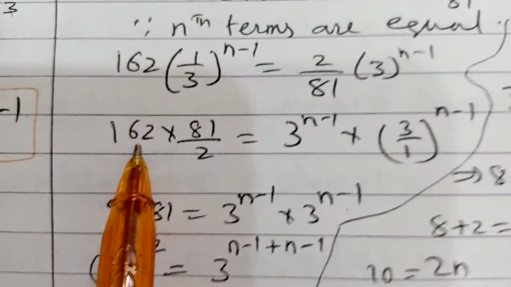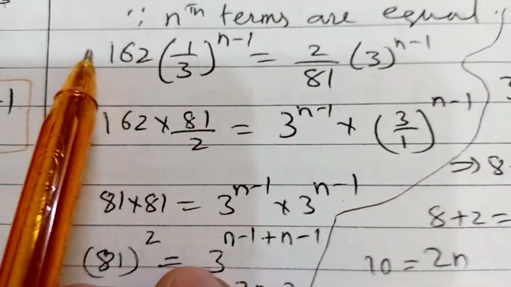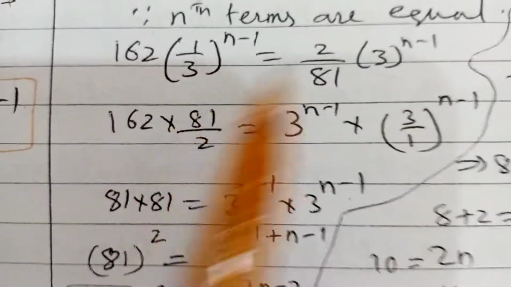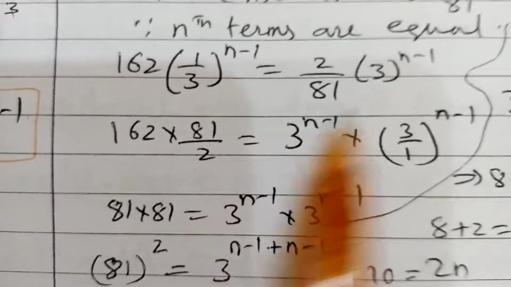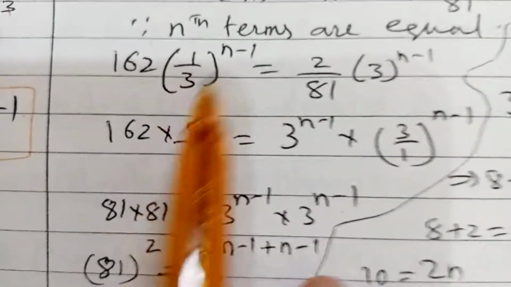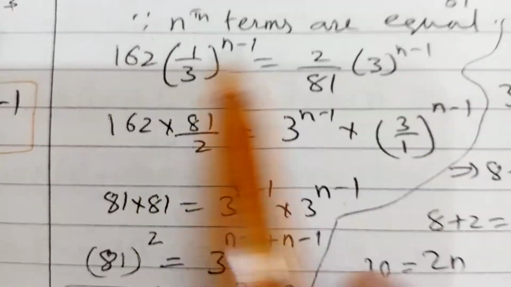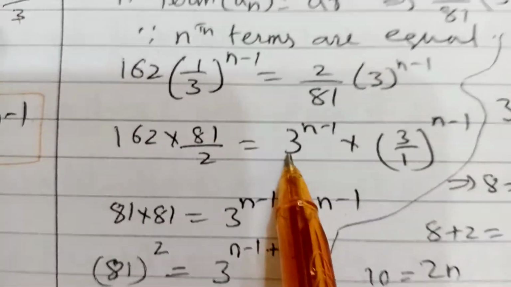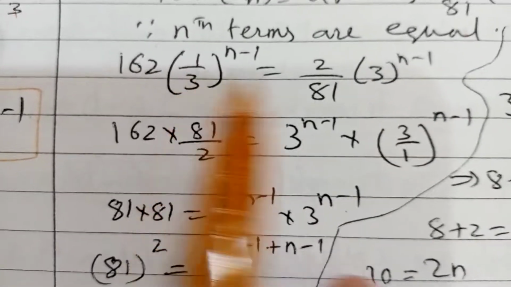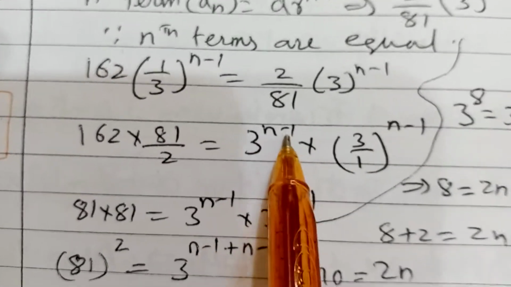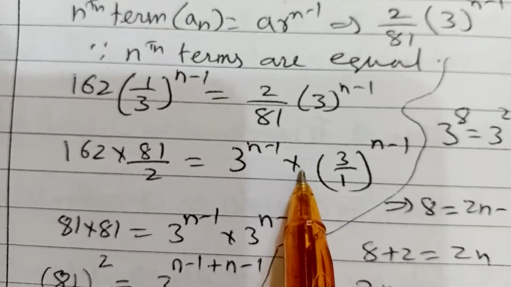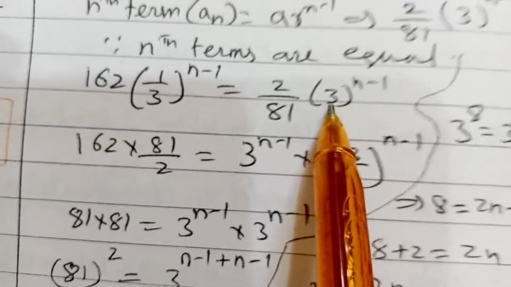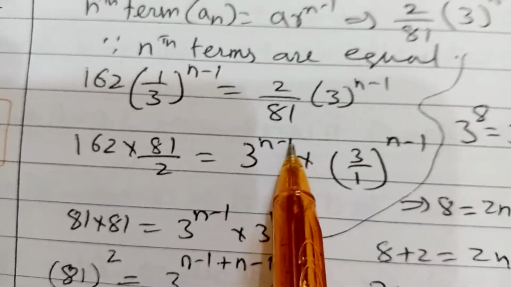So 162, 2 by 81, when it comes here, becomes 81 by 2, is equal to this 1 by 3 to the power of n minus 1. When you send 1 by 3 there, it goes to divide and comes up, so it becomes 3 to the power of n minus 1 into, this is 3 to the power of n minus 1.